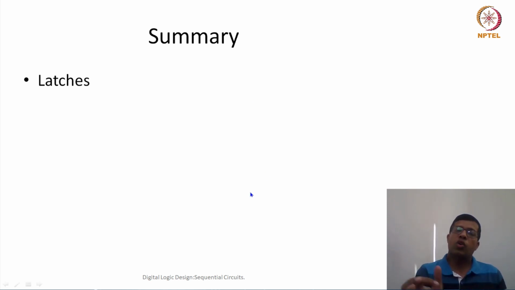We have seen how a feedback circuit can be used to design a simple memory element or storage element, how we can write a 1 or 0, and how we can use a simple inverter to design an SR latch that is able to store values. So with this I'll close today, and tomorrow we'll see more about these latches and how they get connected to form more sophisticated memory elements.